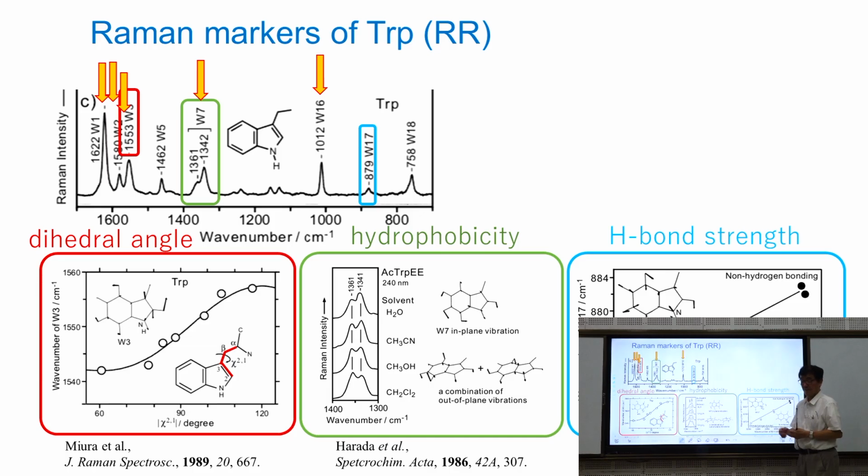So there are many studies to correlate intensity or peak position of the Raman spectrum with environment change or structural change or hydrogen bonding change. By establishing this kind of marker band, we can utilize Raman spectroscopy for structural analysis.